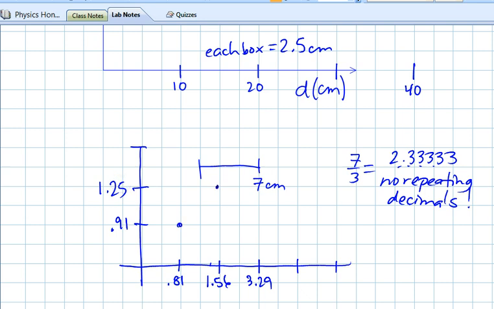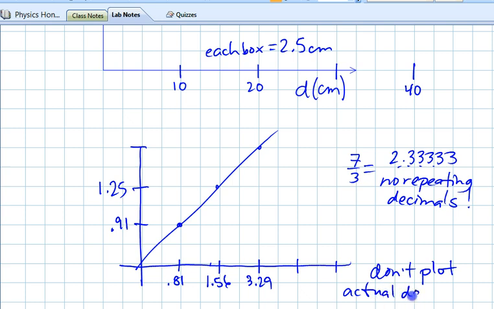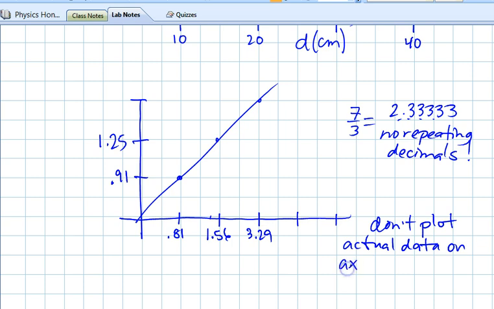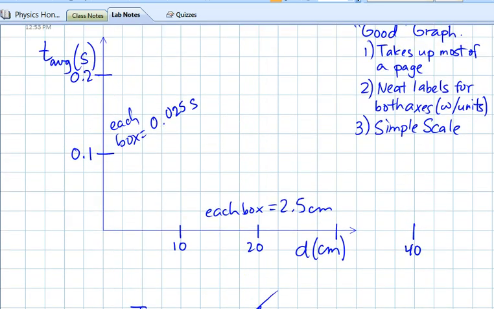So of course when you plot your points you're going to get a beautiful straight line, but that's not really what your data should be doing. So don't plot your actual data on the axes, if that makes sense. Don't put your actual points there. It's better to have it look more like this.